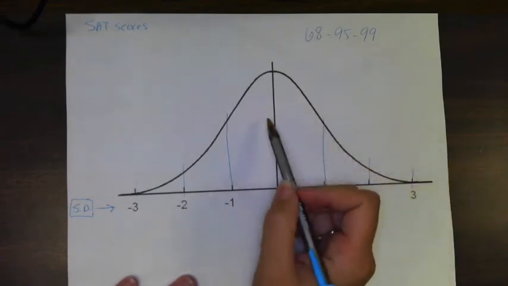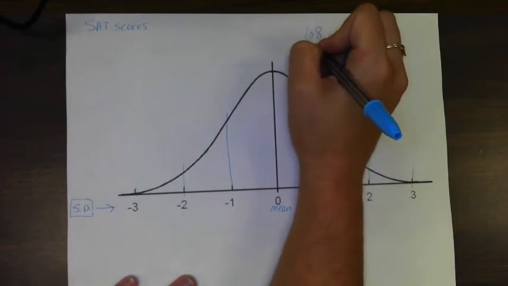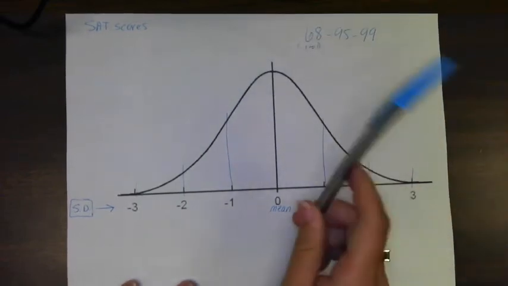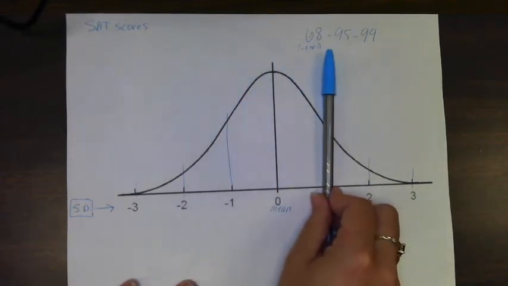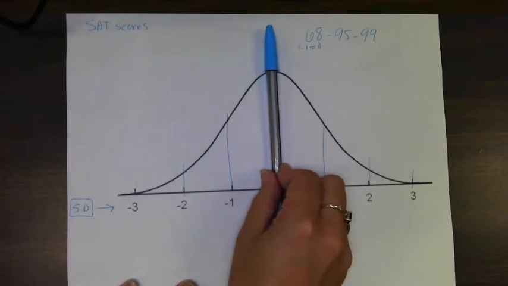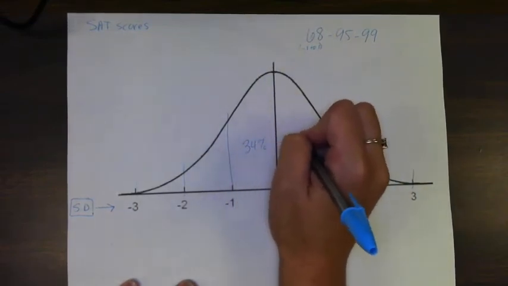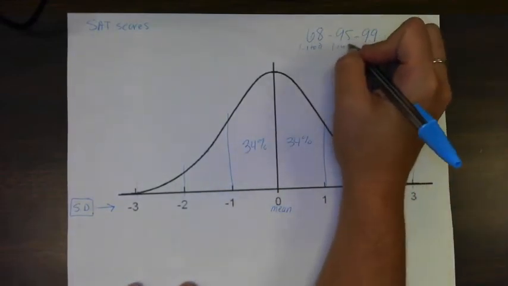What that 68 means is that from -1 to 1 standard deviation is 68% of the data. So this total distance here with -1 to 1 is 68. With the mean in the middle, if we cut that in half, you get 34 and 34. The 95 is within -2 to 2.